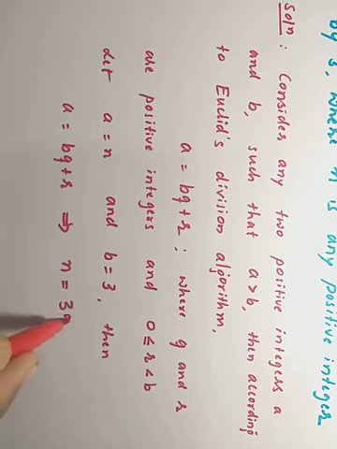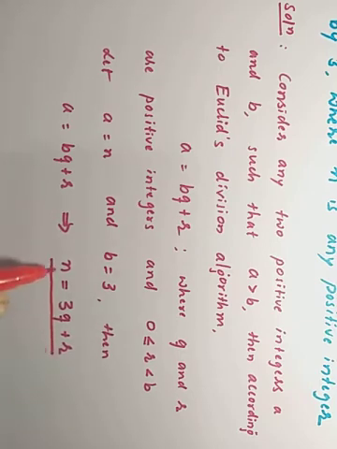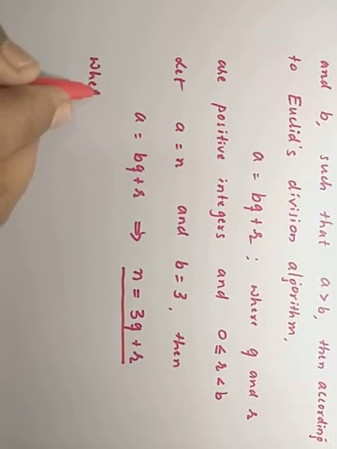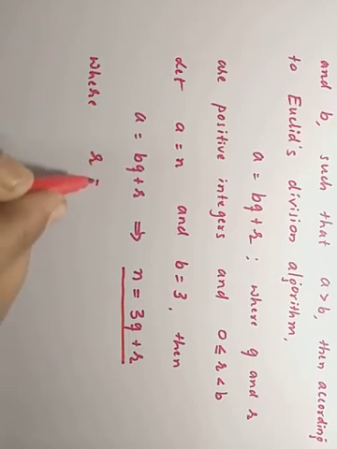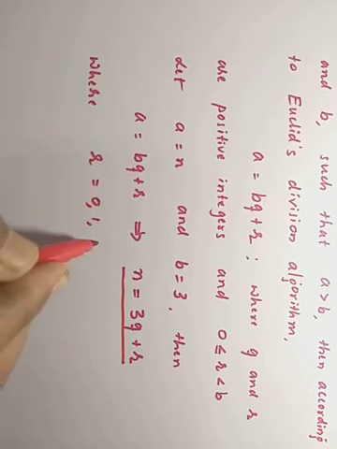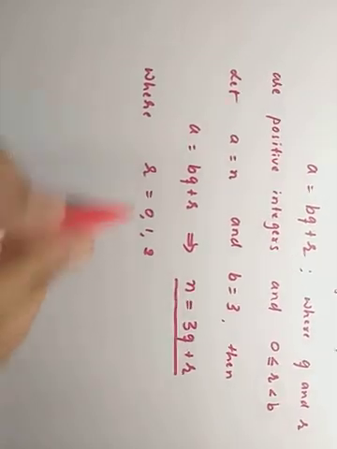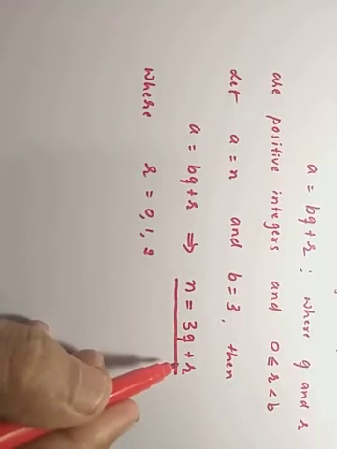Therefore, we will write it as 3q plus r. This is a very important statement: n is equal to 3q plus r, where r is either 0 or 1 or 2. Now we will discuss all these three cases pertaining to this equation.